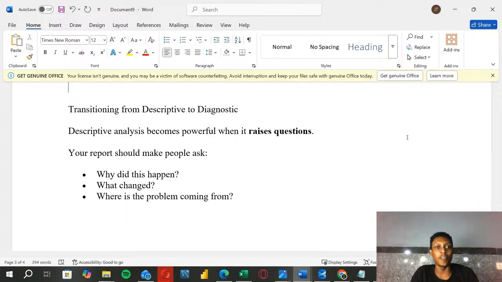Let this stick in your brain. Then from there, you move into diagnostic analysis. Descriptive analysis becomes more powerful when it raises questions.